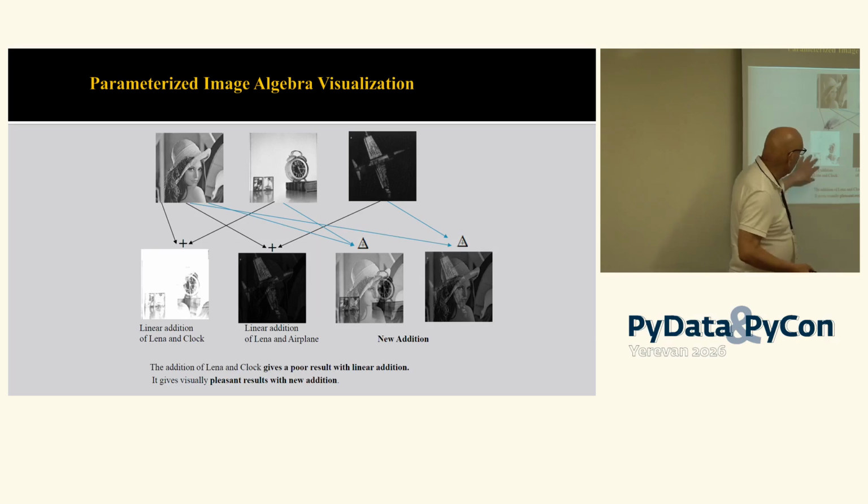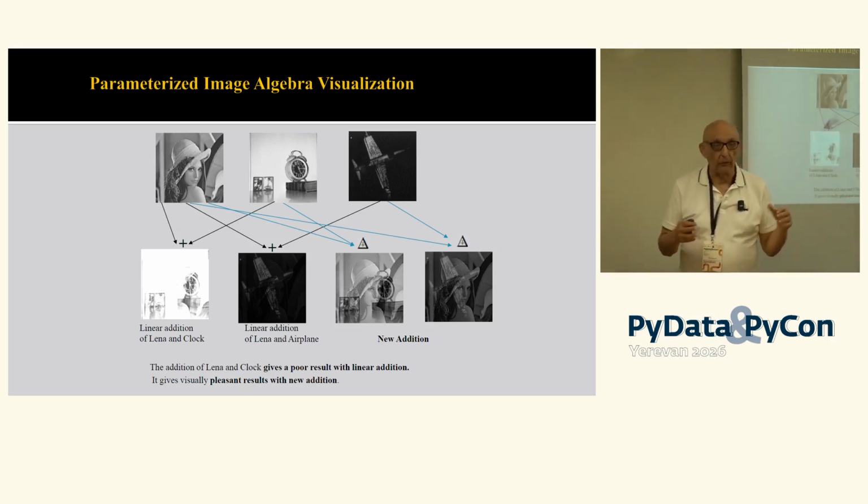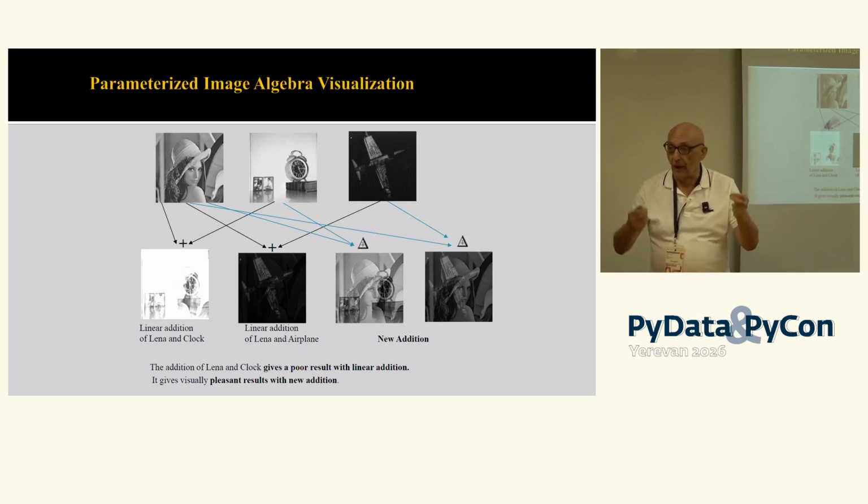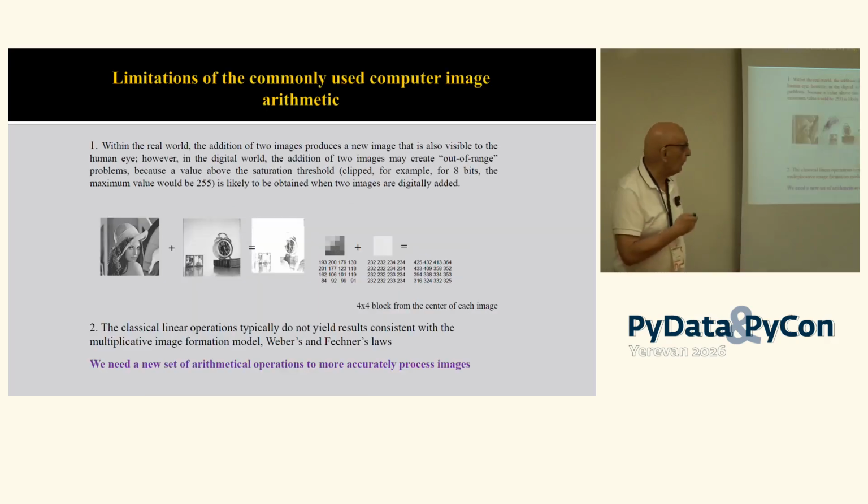And this is linear algebra, and then this is the new addition. Now what we did, we introduced, I will formulate it later, the algebra which we will use here, which is based on the human visual system: how the human visual system adds two images or subtracts two images.